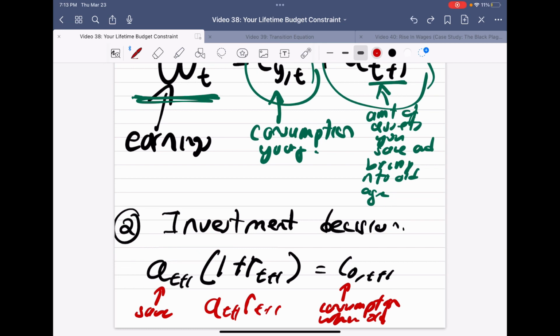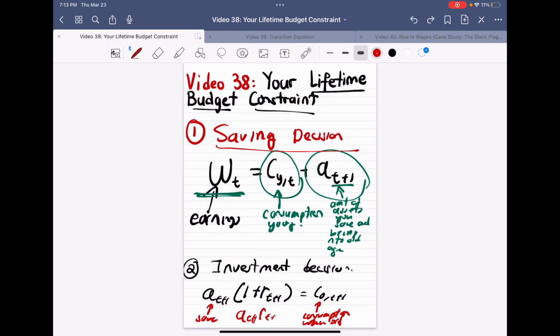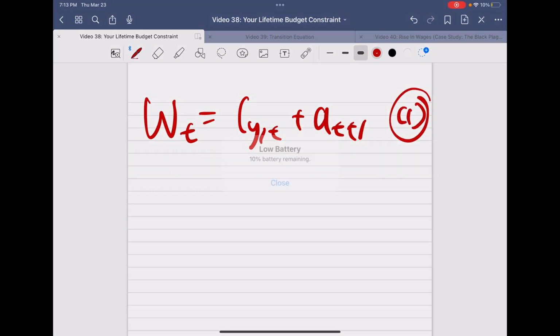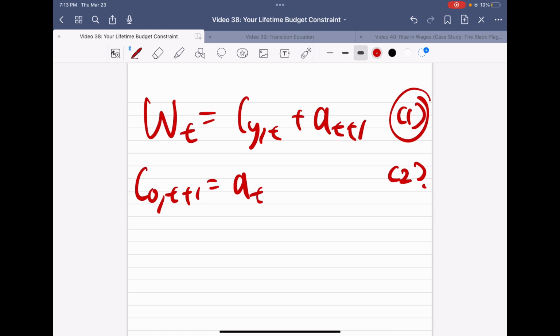Now, how do we combine it? So now let's add the equations that we have. We have W_t equals C_Y,t plus A_t+1. That's our first equation. Our second equation is C_O,t+1 equals A_t+1 (1 + r_t+1).